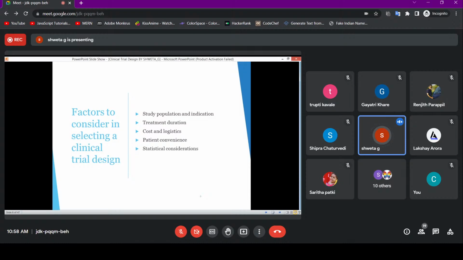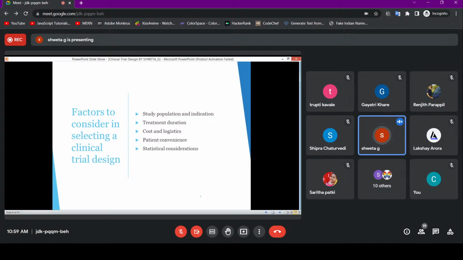Then patient convenience. Suppose we have a trial for 1 year and the patient needs to visit the hospital every 2 months. We'll check whether the patient is comfortable visiting every 2 months for a year. If the patient is not, sometimes the patient withdraws from the study, because it's not convenient to visit the center again and again, with n number of follow-ups. We need to consider the age population also.